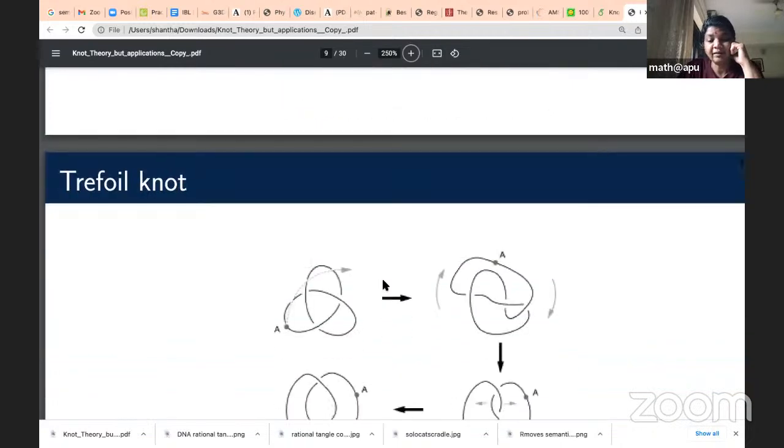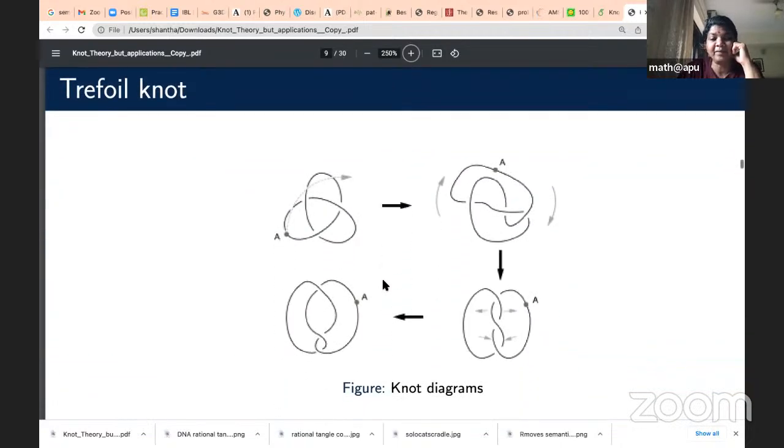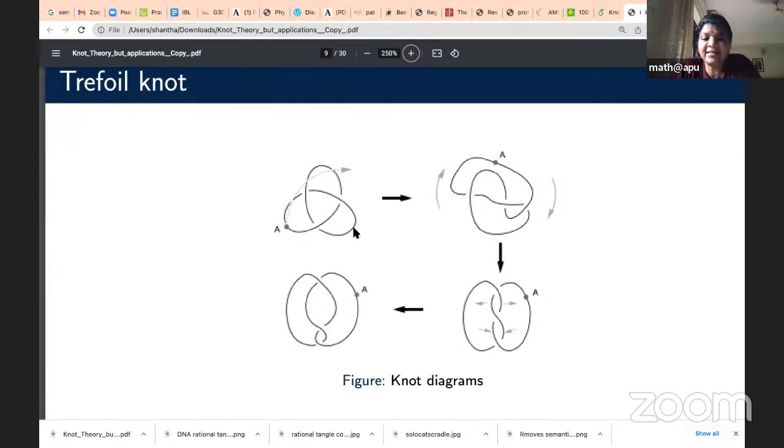Here is an example of writing the same knot in different ways. You can see that for the trefoil knot, the picture that we took, if you take the point A and throw it up, you get the second diagram. It is the same knot. We have not made any change in terms of cutting it or anything. In the third picture, it looks like 2 twists and then the end points meet.